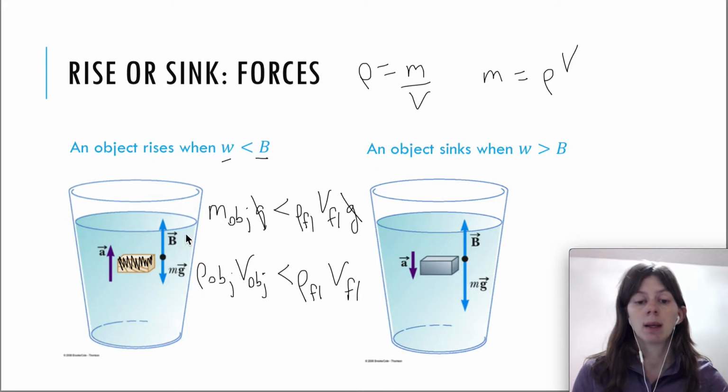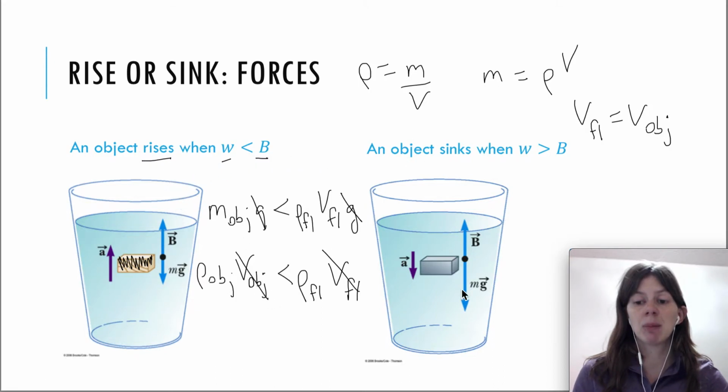One last thing, this object is completely submerged, and in that case we say that V fluid equals V of object. The object pushes out the same amount of liquid as its volume. So if these two are the same, they cancel out. This means that when the density of the object is less than the density of the liquid, the object will rise.